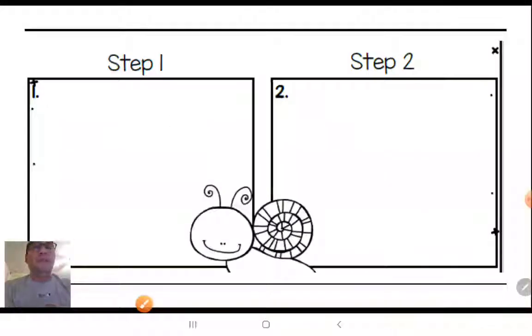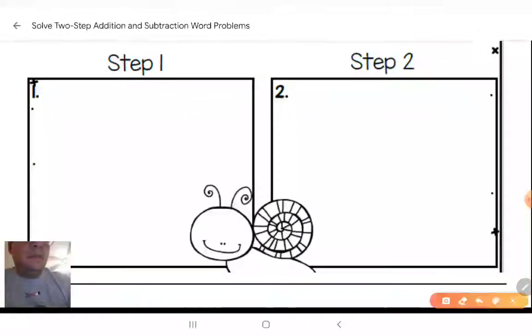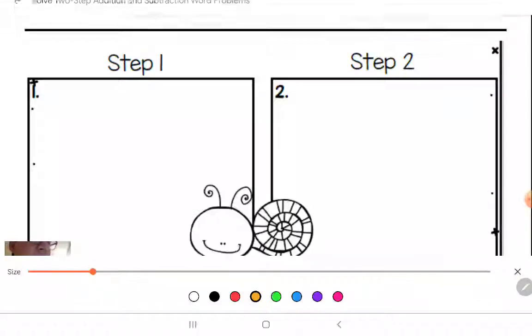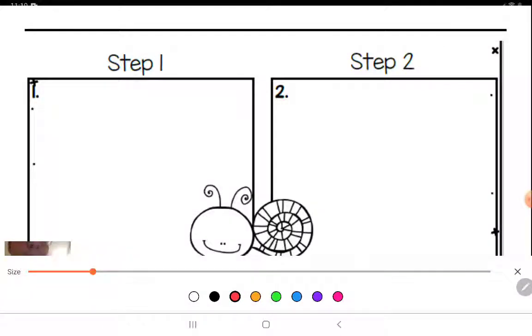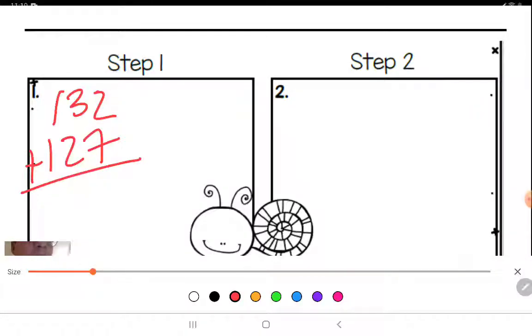Sorry for going back and forth, guys, but step 1 is I need to put together what the girl ate in 1 week, right? So she ate 132 carrots the first week and 127 carrots in that other second week, right?